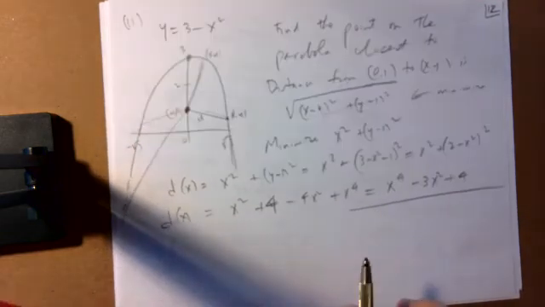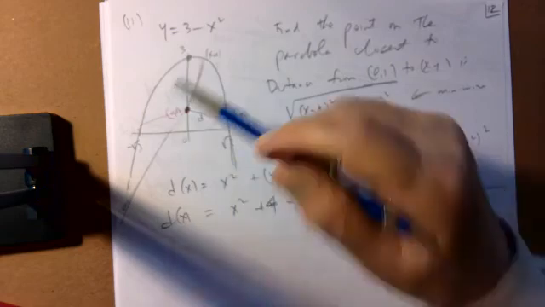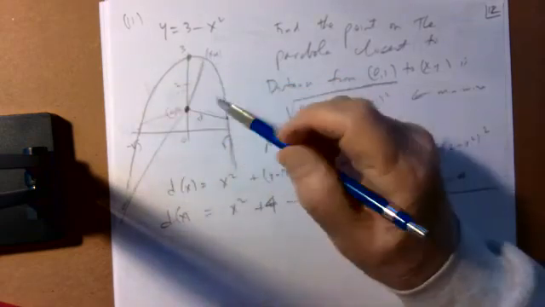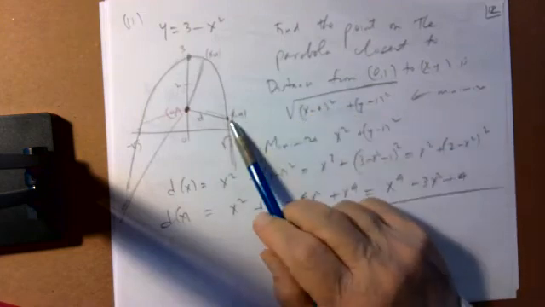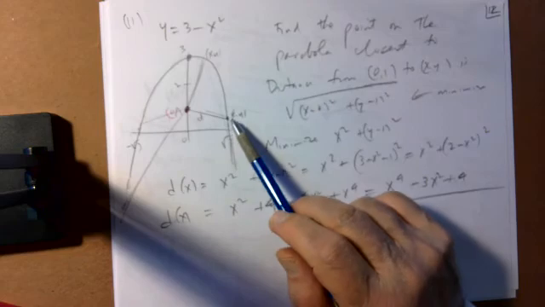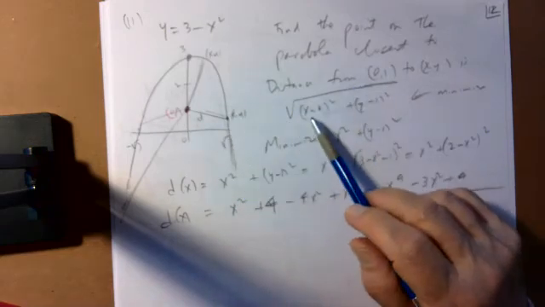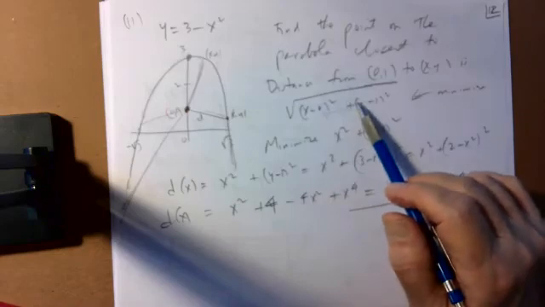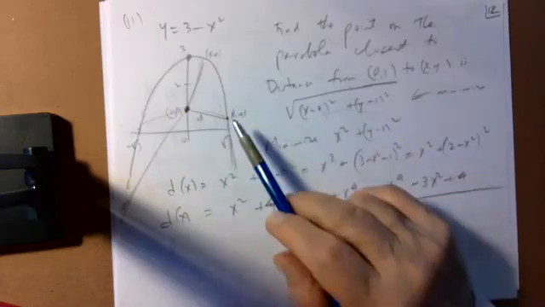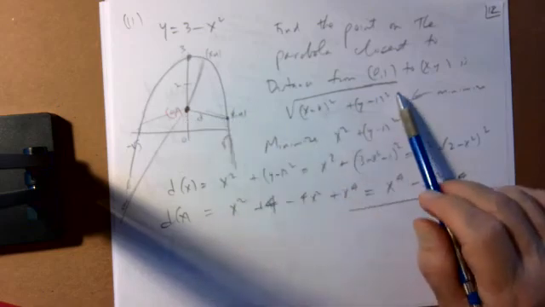Okay. So let me just review this, because this is a critical step. Here's the parabola. If you take any point (x, y) on the parabola, the distance between these 2 points, (x, y) and (0, 1), is the square root of the sum of the squares of the differences of the coordinates, (x minus 0) squared plus (y minus 1) squared.